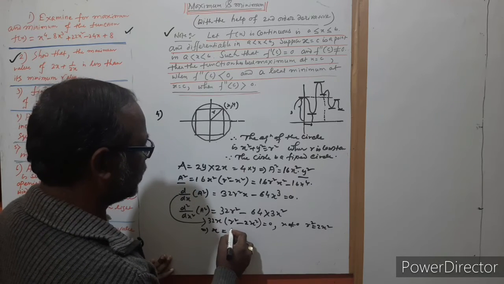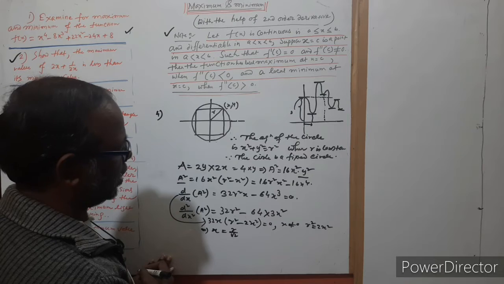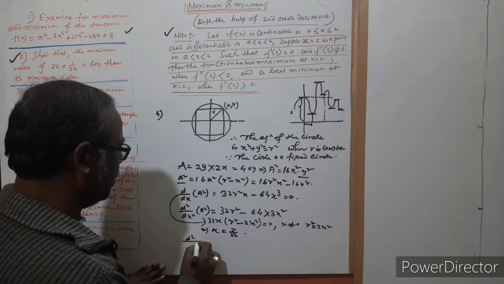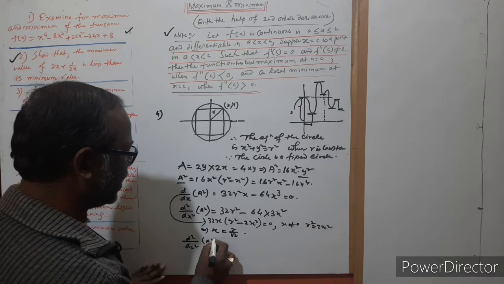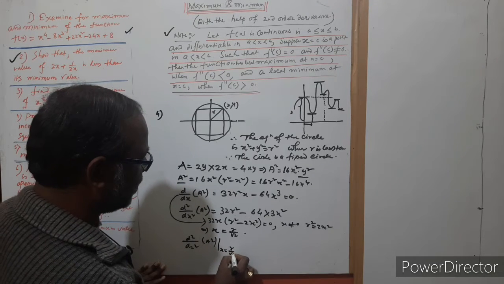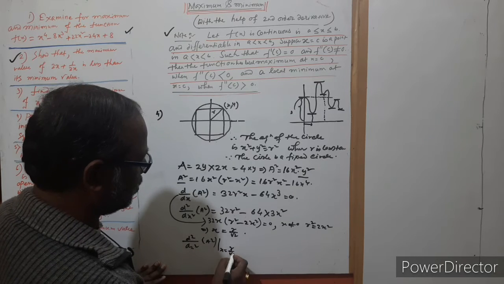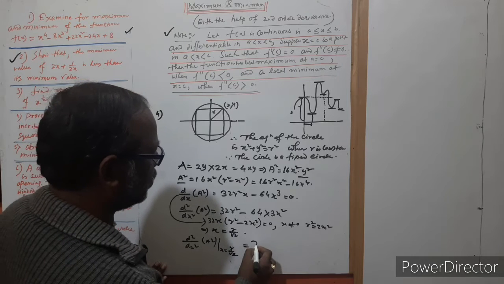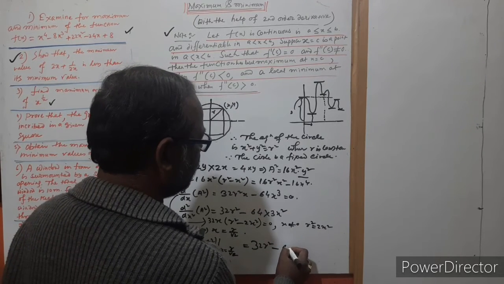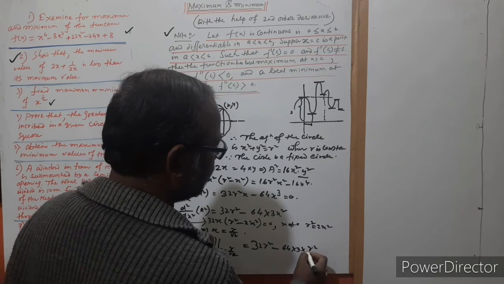So this is r by root 2, this is the value of x, and now we put it in the second order derivative. So x equal to r by root 2, and this is equal to 32 r square minus 64 into 3 into x square, where x square equal to r square by 2.